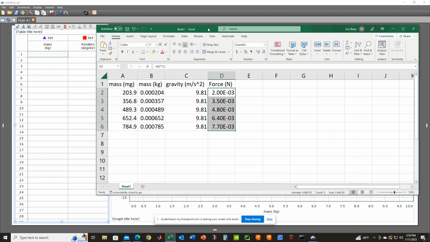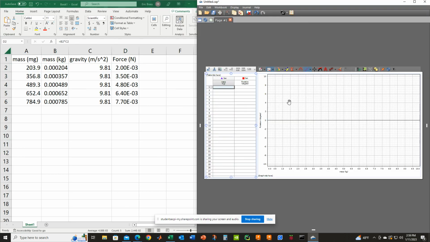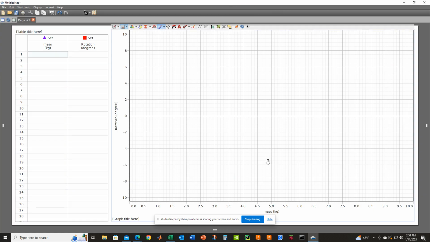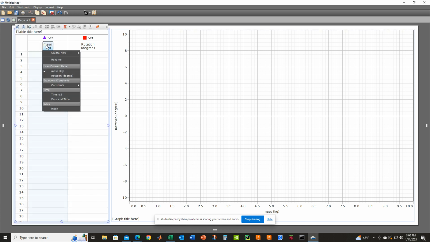These numbers I am going to use in this particular sheet. As you guys can see, let me make this big again, and then I'm going to bring up my Excel spreadsheet and just move this. Actually, this is not going to be mass, this is going to be force, and it's going to be in newtons.